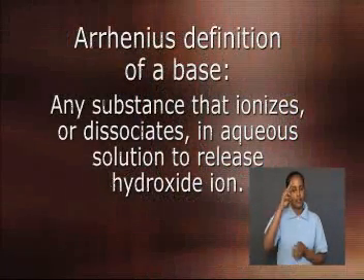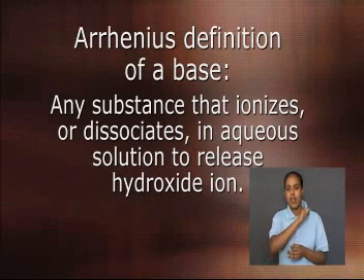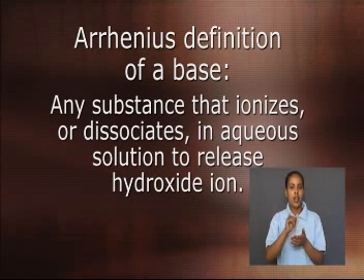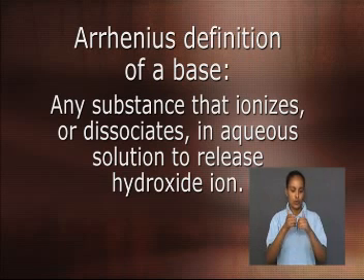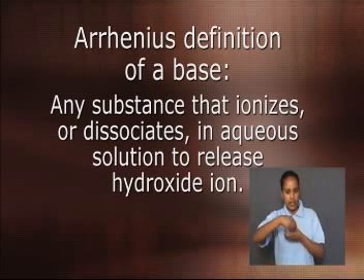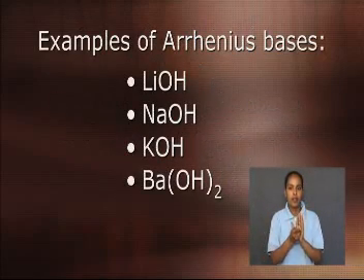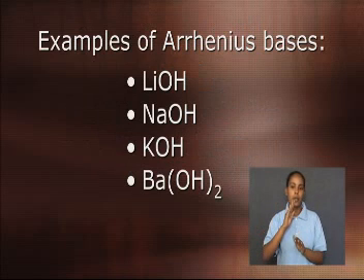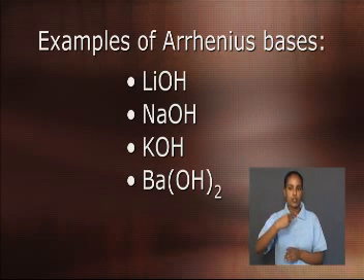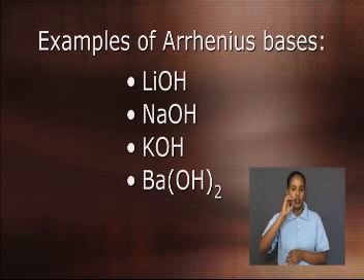Arrhenius defines a base as any substance that ionizes or dissociates in aqueous solution to release hydroxide ion. Examples of Arrhenius bases are mostly ionic metal hydroxides, such as lithium hydroxide, sodium hydroxide, potassium hydroxide, and barium hydroxide.